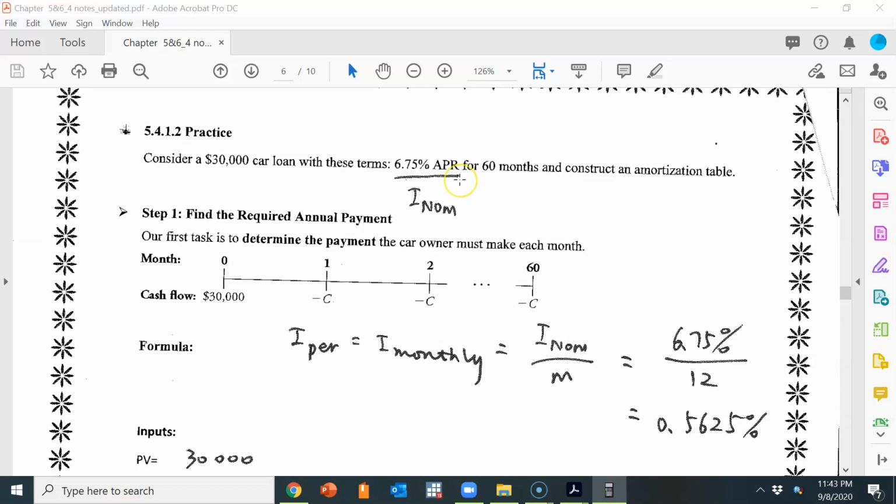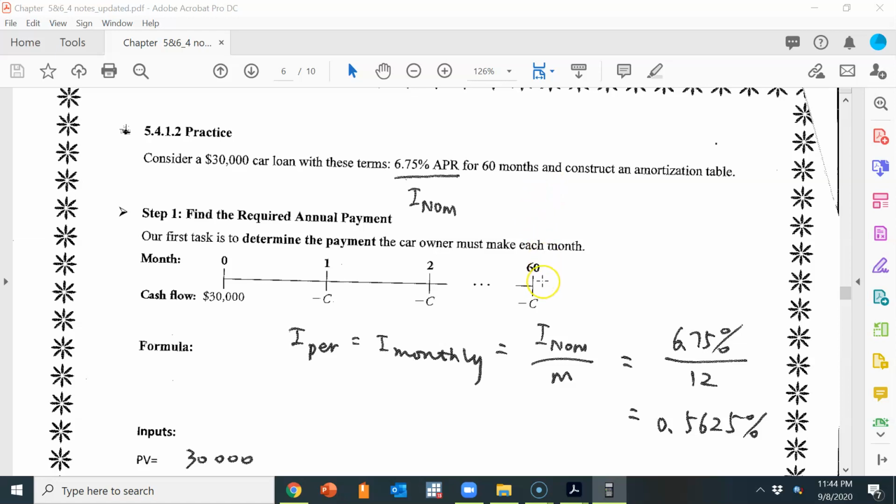Annualized percentage rate. It is the same as the stated rate, quoted rate, or nominal rate, INOM. But this time we're not having compounding once per year. We have a monthly rate here. We have 12 compounding periods per year. We're doing monthly compounding here.